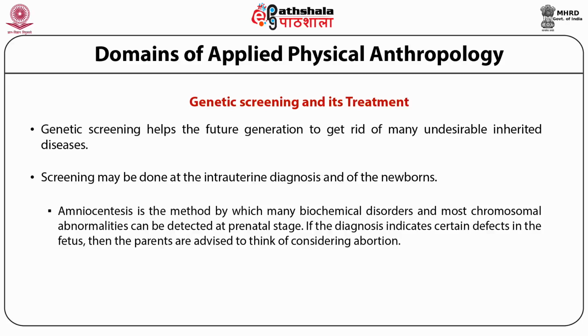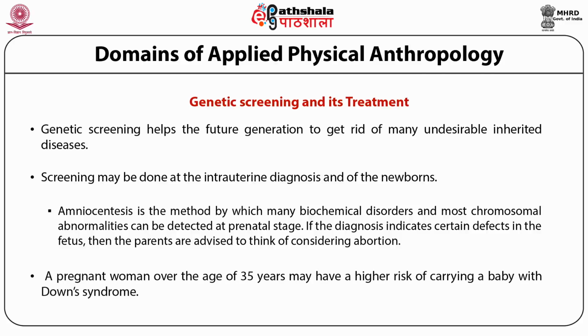If the diagnosis indicates certain defects in the fetus, then the parents are advised to think of considering abortion. A pregnant woman over the age of 35 years may have a high risk of carrying a baby with Down syndrome.